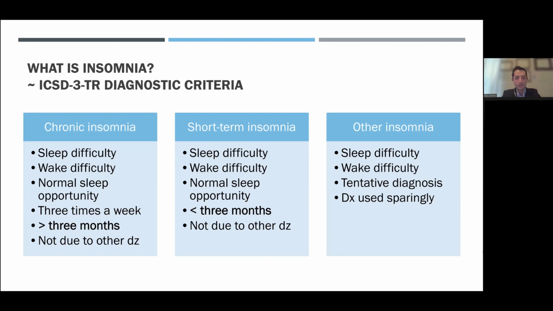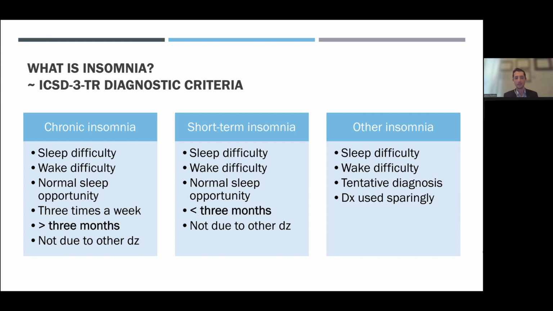Chronic insomnia and short-term insomnia are very similar in how they present, but the differentiating factor is that chronic insomnia goes on for more than 3 months, and short-term insomnia goes on for less than 3 months. There's still difficulty with initiating or maintaining sleep, difficulty waking up, despite normal sleep opportunity, and it's not due to another condition.